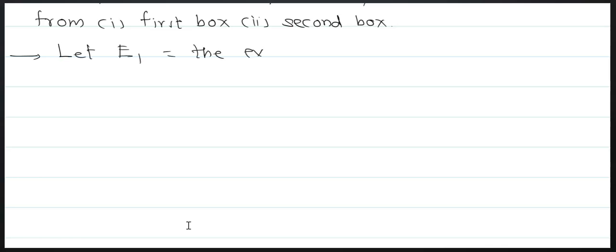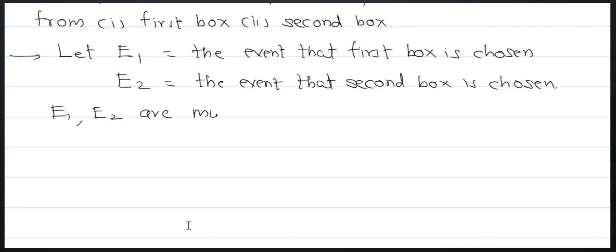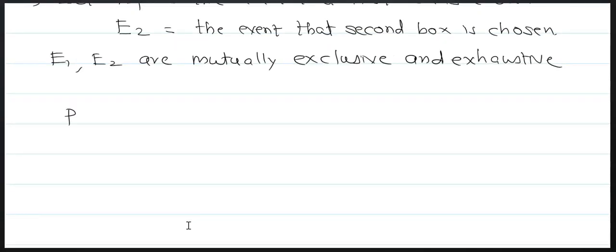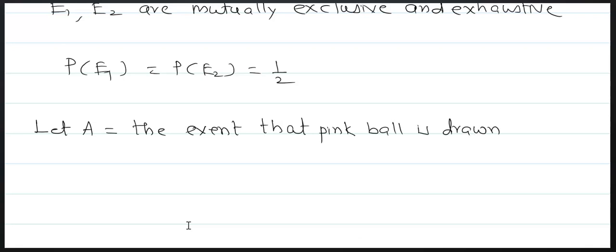Now here E1 is the event that the first box is chosen, and E2 is the event that the second box is chosen. Therefore, E1 and E2 are mutually exclusive and exhaustive. Probability of E1 is equal to probability of E2 is equal to 1 upon 2. Let capital A be the event that the pink ball is drawn.